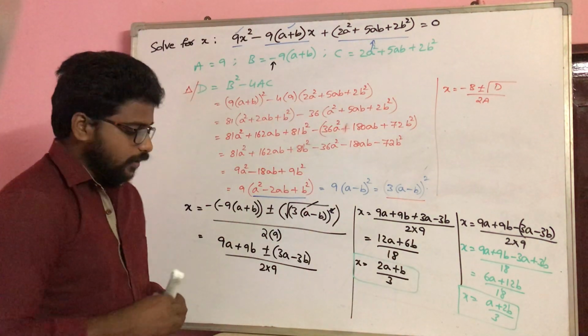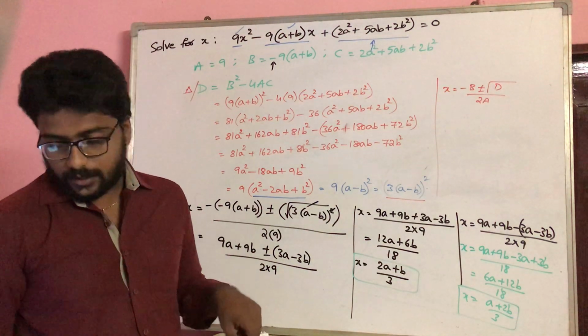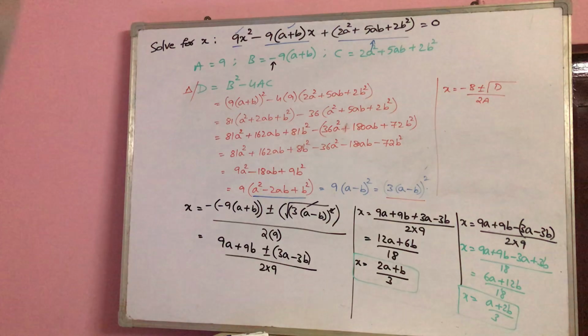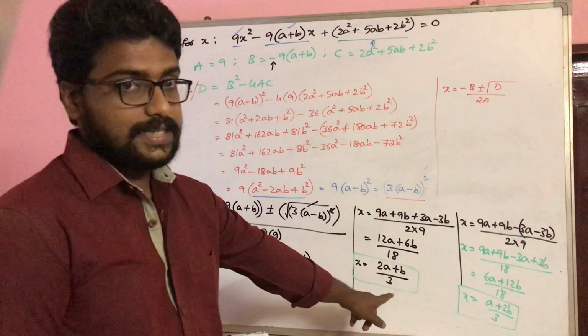Now see how far this method will be useful for you. That is the question that comes to us. Simple thing, if you have to do the same factorization with the normal factorization method, it will take a lot of time for you to get the factors like this, right? Because it's in the fraction.